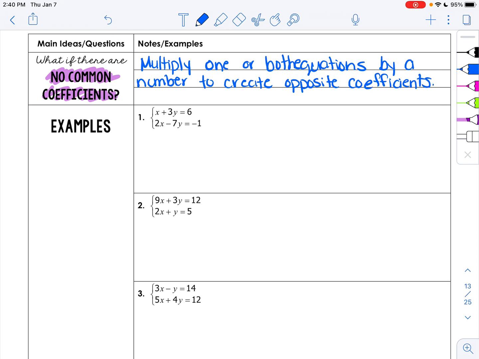Once you have opposite coefficients, then you can follow the steps to completing the elimination method. Let's take a look at some examples.